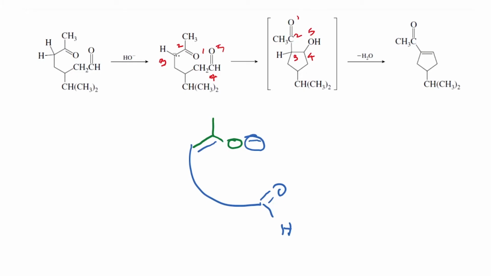Later on in the problem set, we will look at competition reactions and so on for intramolecular aldol, and we can discuss certain examples of that here. Therefore, the reagents that we would use for carrying out this transformation are, number one, ozone and zinc, and the second one would be base.